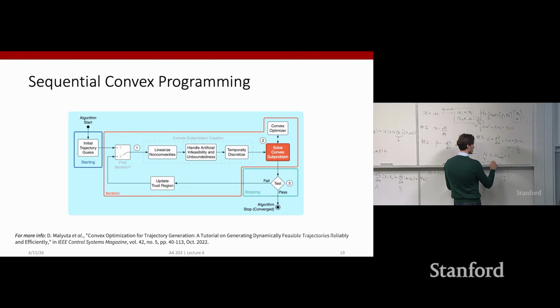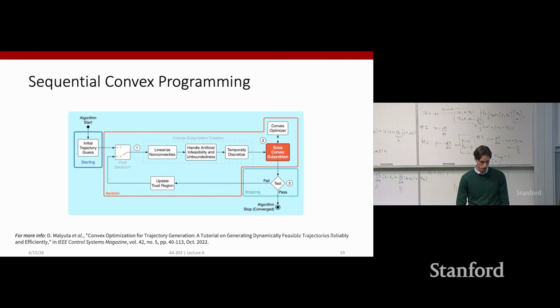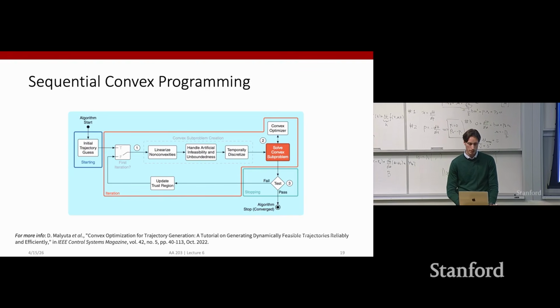So an updated cost could be the original cost plus s squared, for example. Now this is a long detour, but does this go in the direction of what you're asking? Yeah.